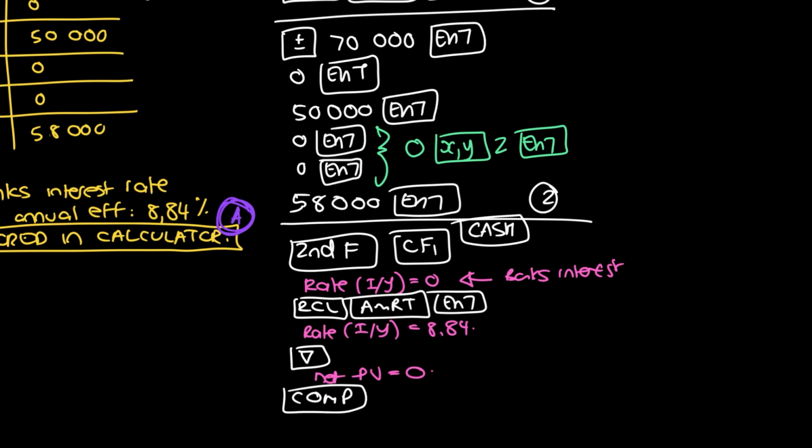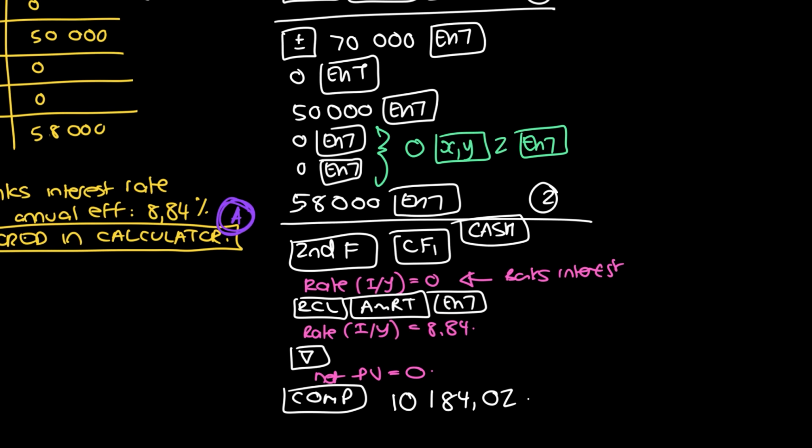And if you push the compute button, it is going to give us the net PV of 10,184.02.